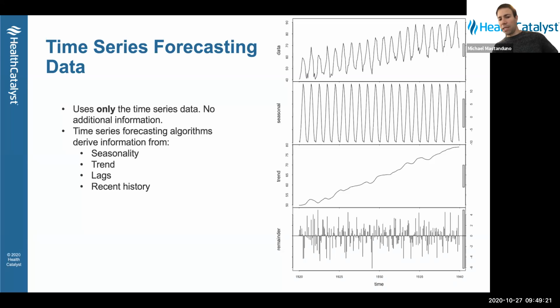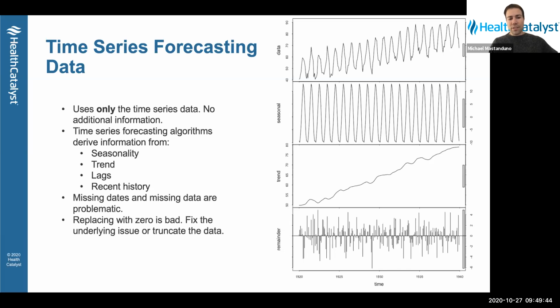So if today is a Monday, what did last Monday look like? What did the Monday before that look like? If it's a Wednesday, how does the beginning of the week affect today? And then recent history. So in a way, we are building features and more information, but again, it's all coming from the time series. And because of that, missing dates and missing data, which are different, are really problematic.